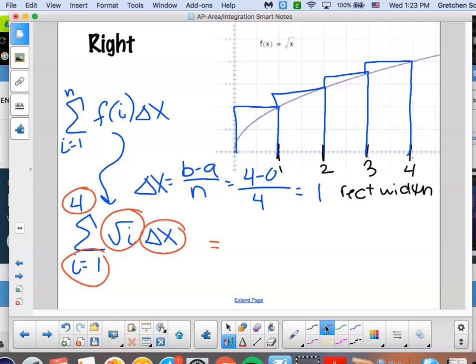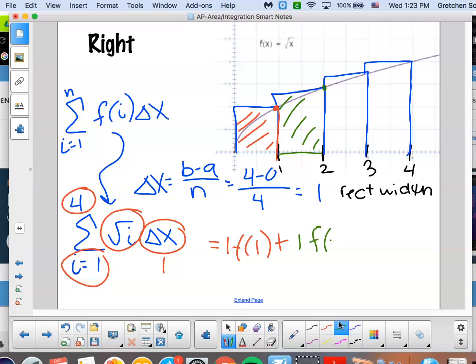In this very first rectangle, what is the base of it? 1. There's your delta x. Delta x is always going to be 1. What number is going to bound our right side? What's our x value on the right side? So isn't it just 1 times f of 1, plus our next rectangle? What is the width of it? 1, plus what number is bounding its height? 2.